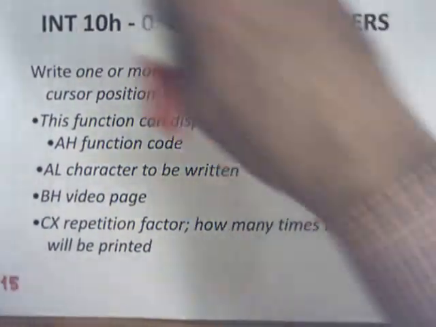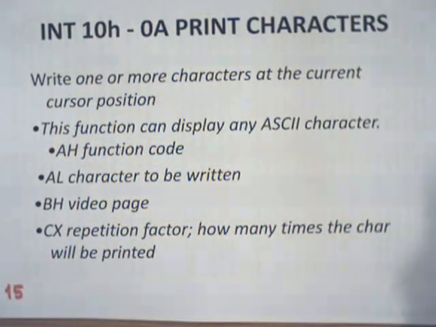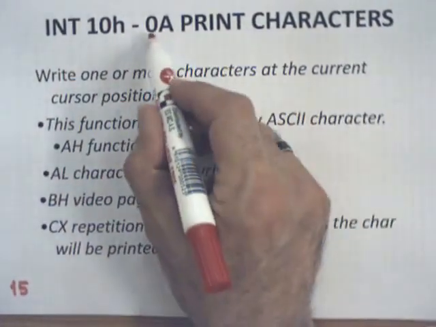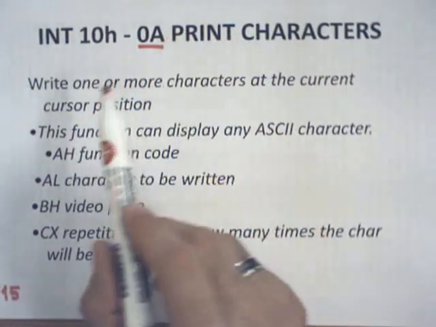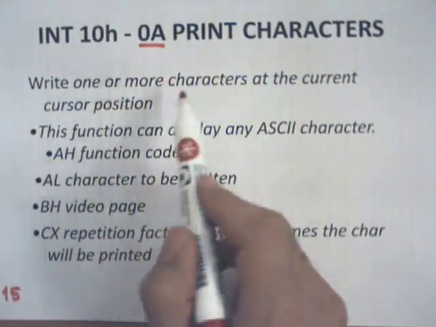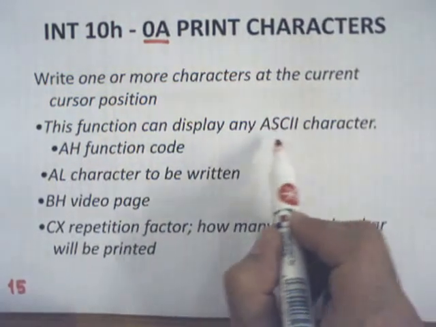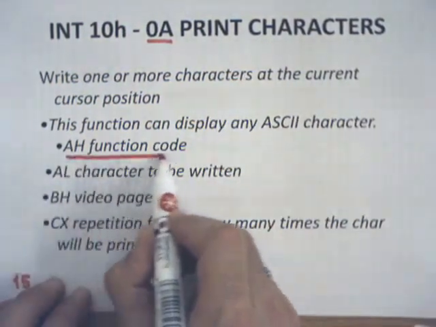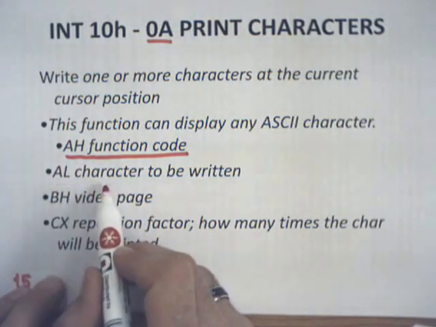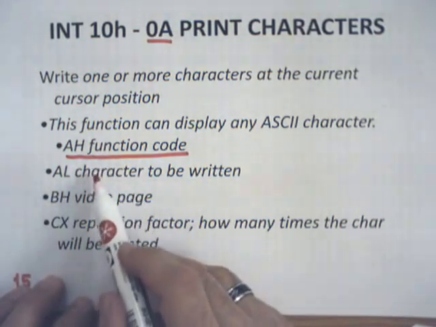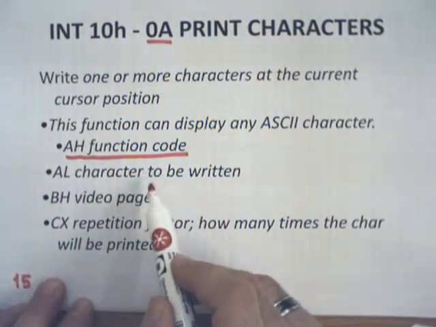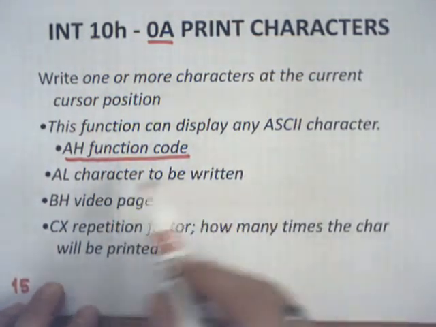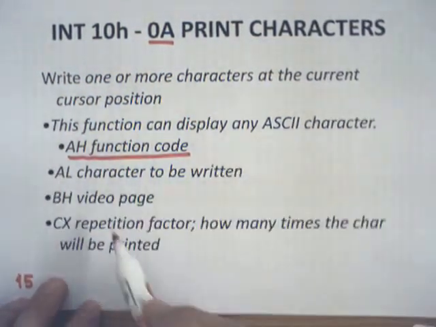In another different parameter, the same interrupt, 0A, print characters, we write one or more characters at the current cursor position. This function can display any ASCII character. AH is the function code, and AL is the character to be written. So by storing suitable information in the AX register, we can change the code or character from the ASCII table.